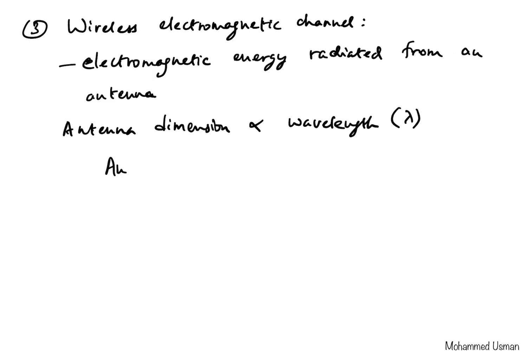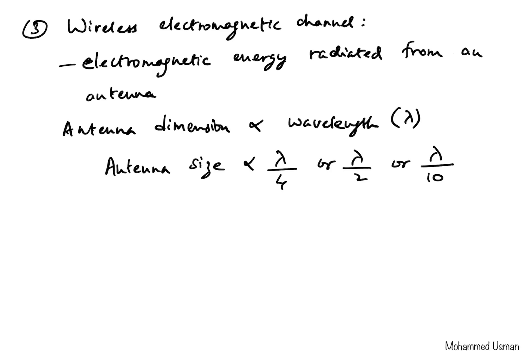So we can also write it as: antenna size is proportional to maybe lambda by 4, or lambda by 2, or in some cases lambda by 10 as well. So let's just consider that it is proportional to lambda by 10.